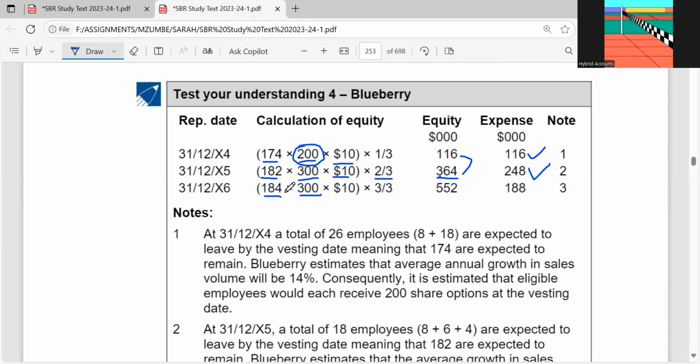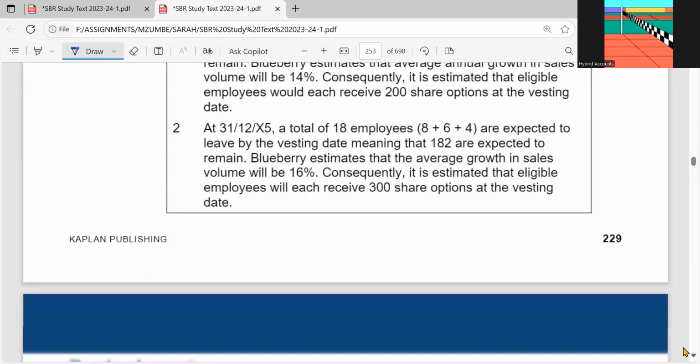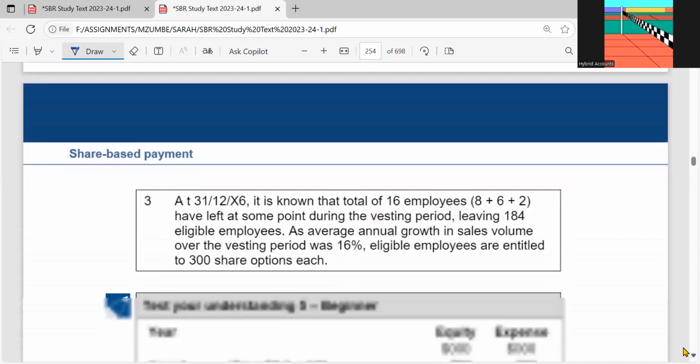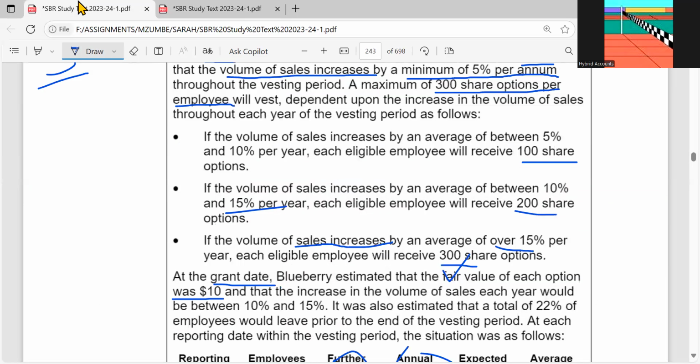So you have the 300 share options here times 10, times 3 over 3, you have 552 equity. To get the expense, you take this one minus this one, you get 188, which is your new expense, right? So I hope you can see how simple it is. It is very simple. You can see, oh, the question was long and wide, but actually there is nothing there, right?